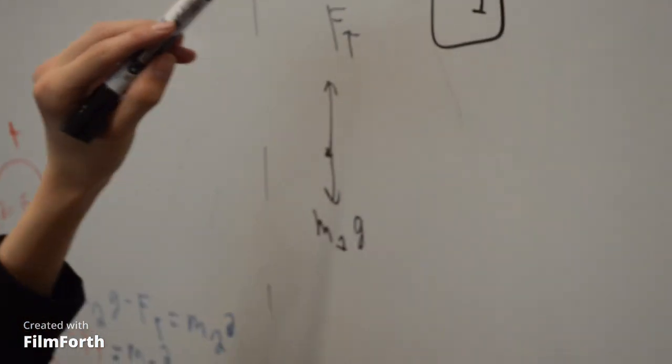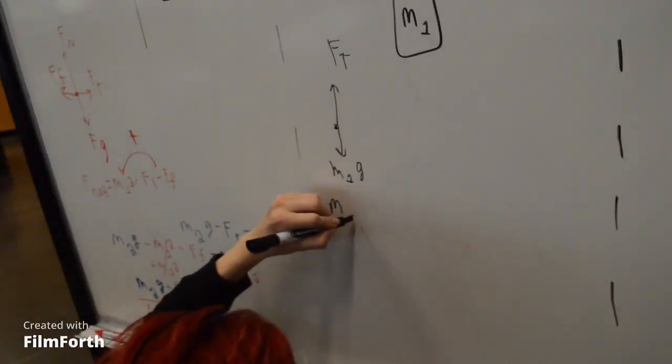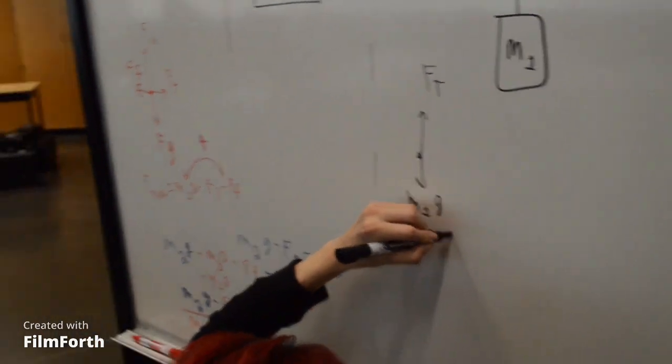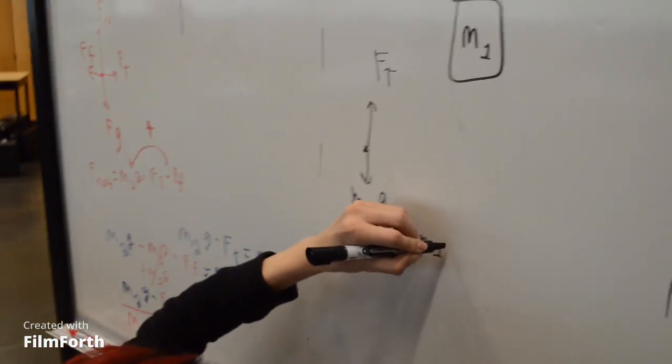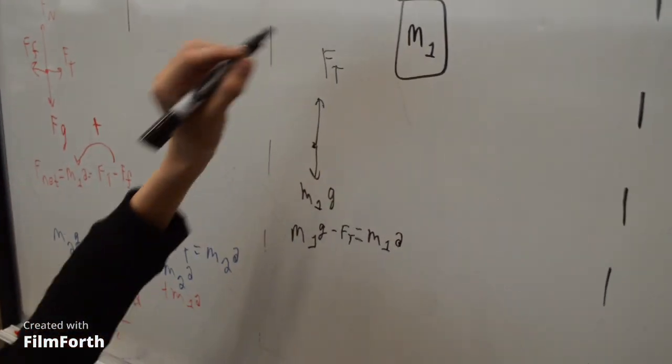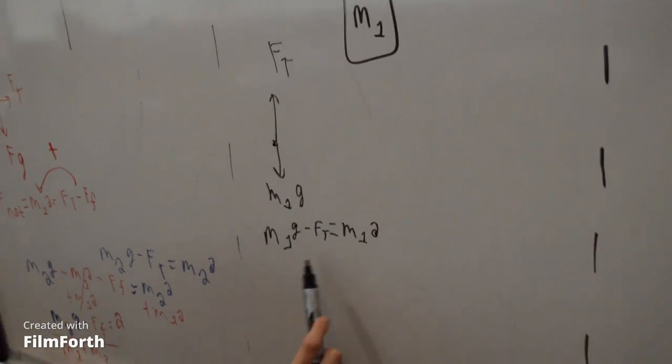Therefore, in this scenario, M1's weight is greater than tension. So let's write this out: M1G minus Ft will equal M1A. And it's not negative because, one, I'm choosing down as the positive direction, and number two, M1's weight is superior in magnitude to tension.